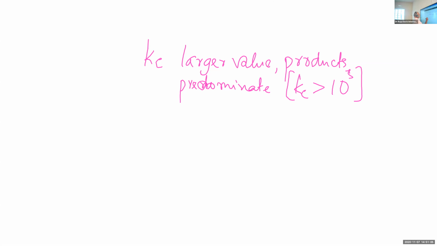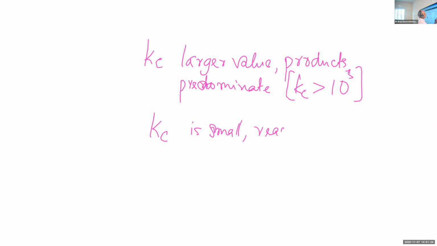If Kc is a smaller value, then the reverse reaction takes place at a faster rate. That means the reactants predominate.